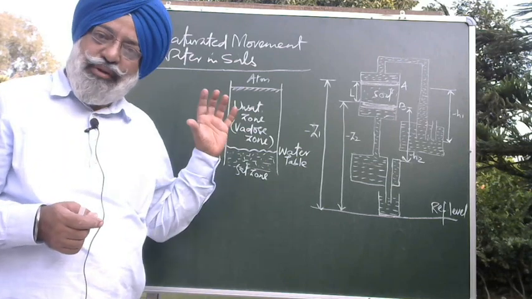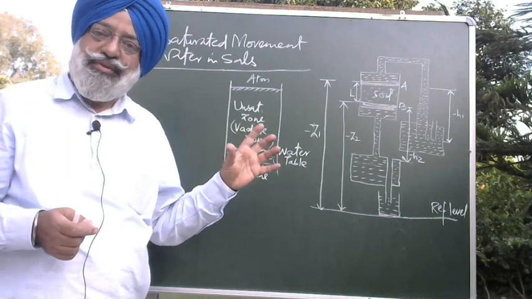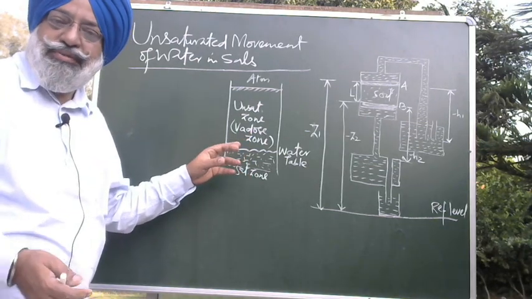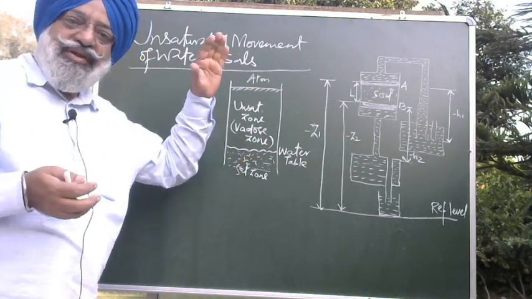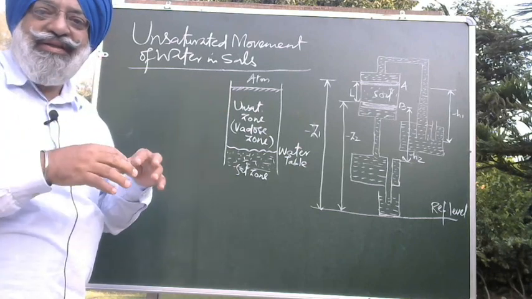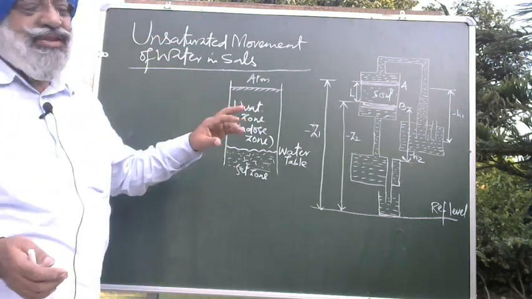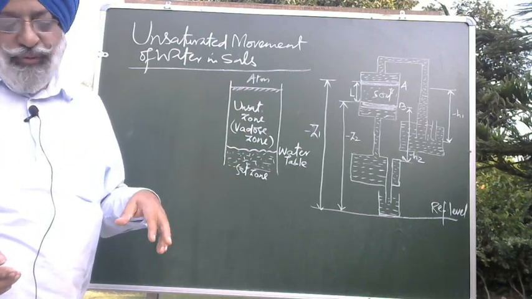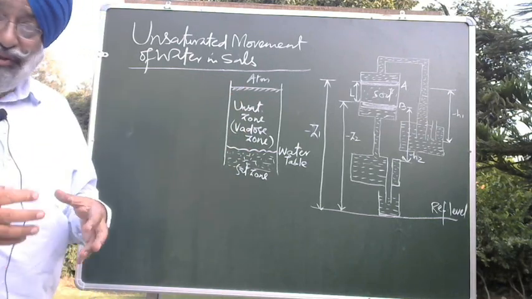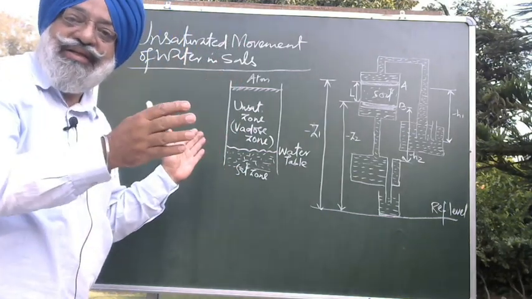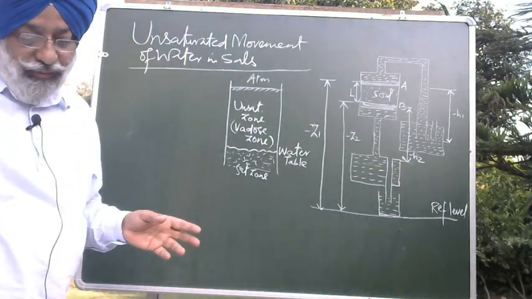So this Vadose or unsaturated zone controls replenishment of groundwater, because we generally extract groundwater, then it goes down, then rains come, and it gets replenished. It is because of this unsaturated zone that water moves into the soil in vertical direction, in horizontal directions, and in upward direction also.